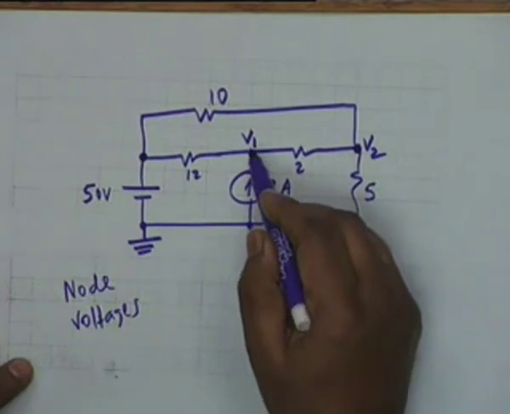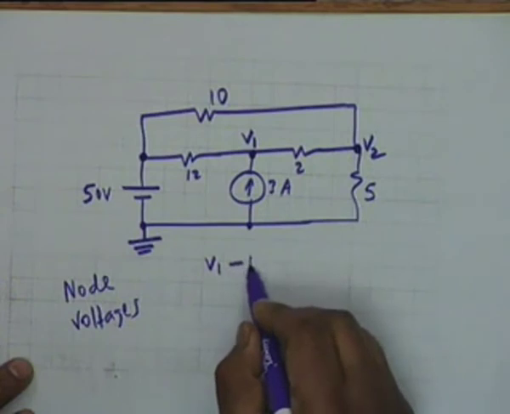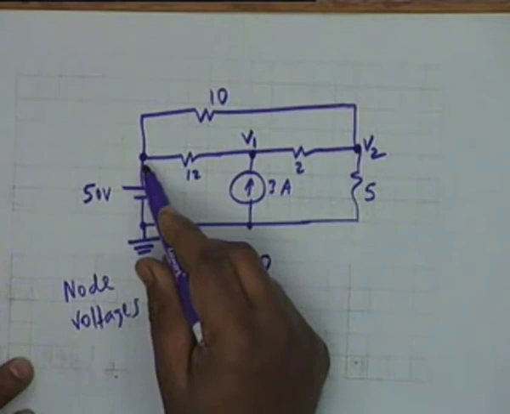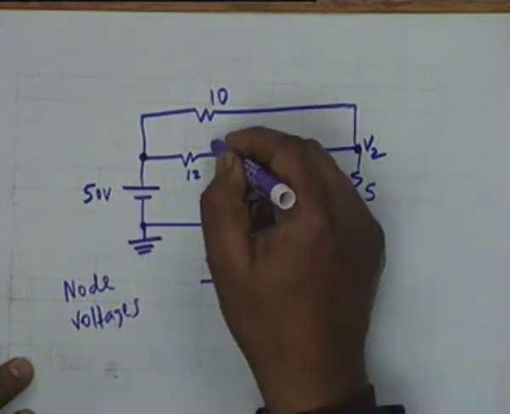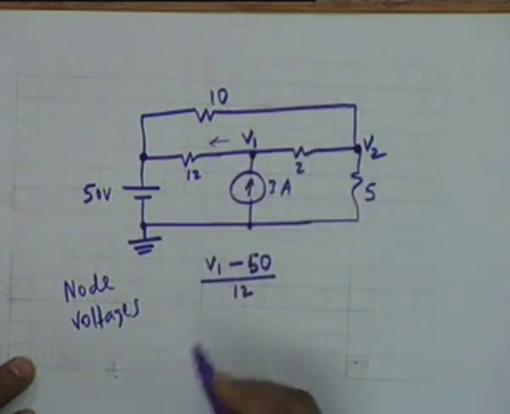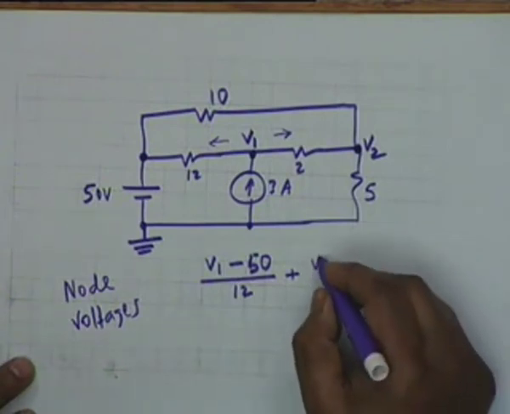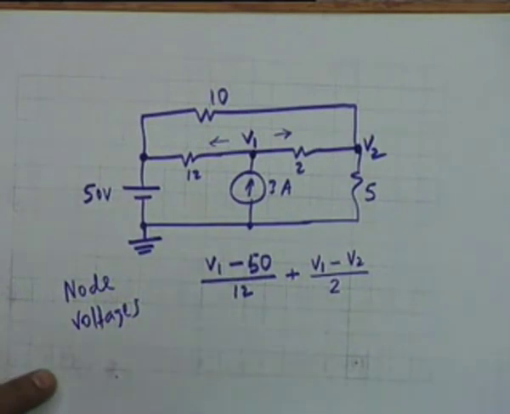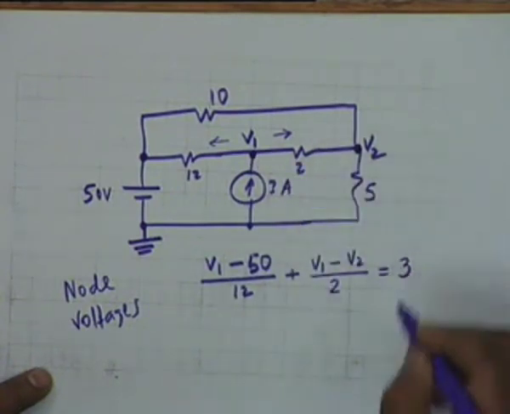At this node, the currents that are leaving this node are V1 minus 50 divided by 12. This is the current that leaves in this direction, plus the current that leaves in this direction is V1 minus V2 divided by 2, and the current that comes to the node is equal to 3.